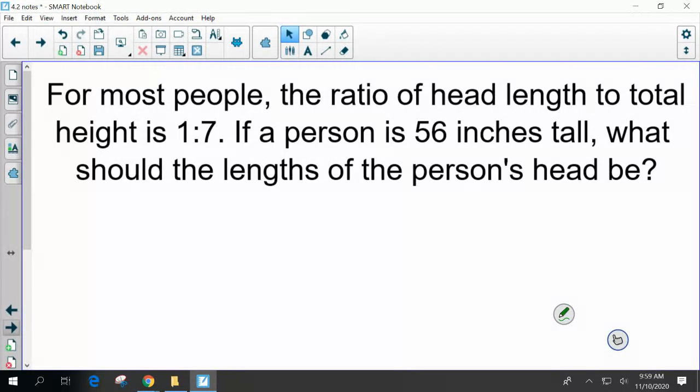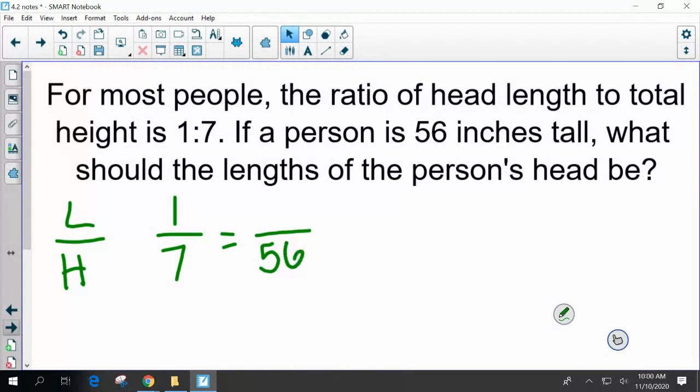So for most people, the ratio of head length to total height is 1 to 7. So we're going to do length over height. It says head length is 1 to someone's height is 7. If a person is 56 inches tall, what should the length of their head be? So where is 56 going to go? In the denominator, because that's how tall the person is. And then I don't know the length of their head.